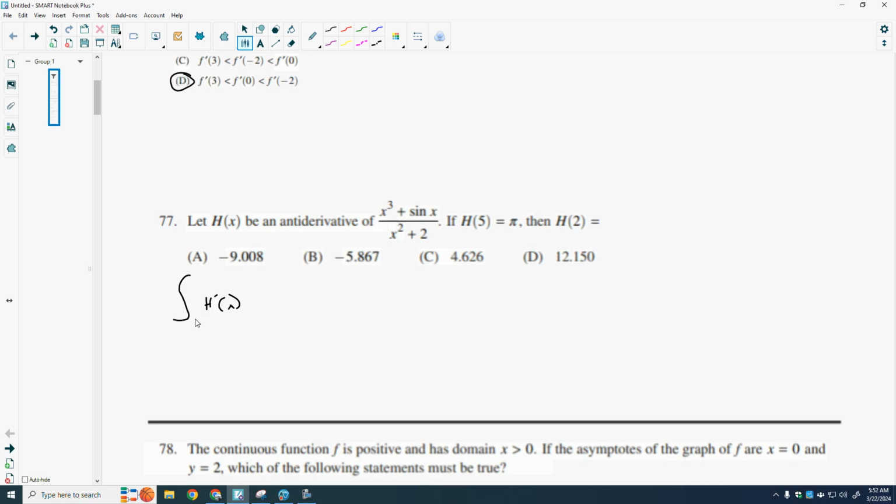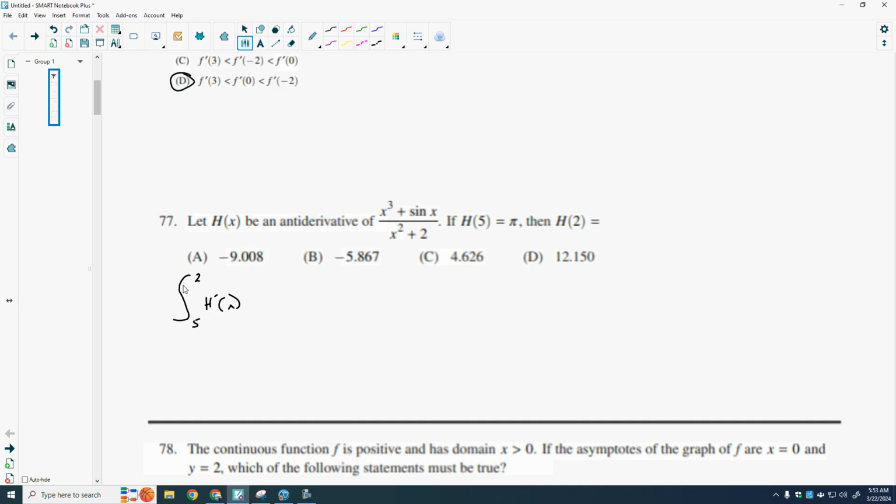So the integral from where I start, or what I know, to what I want, tells me the amount of change from what I know to what I want. So what I know is h of 5. What I want is h of 2.